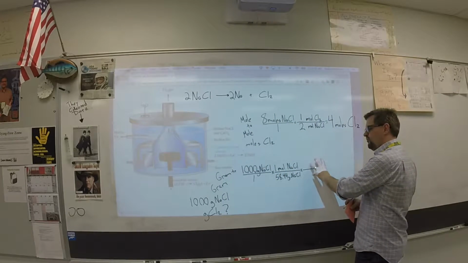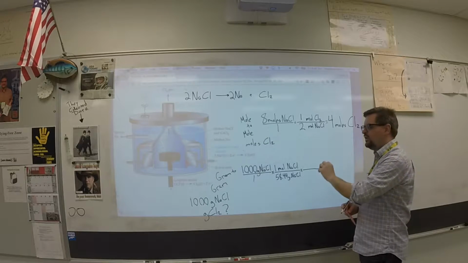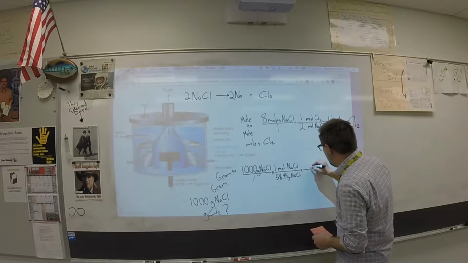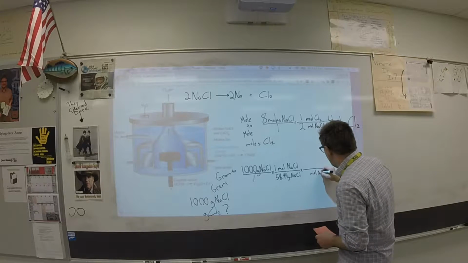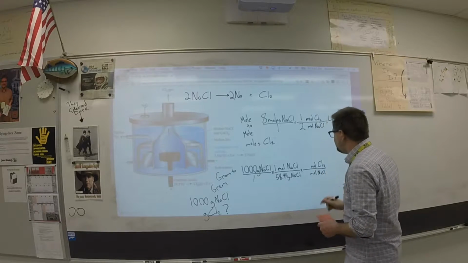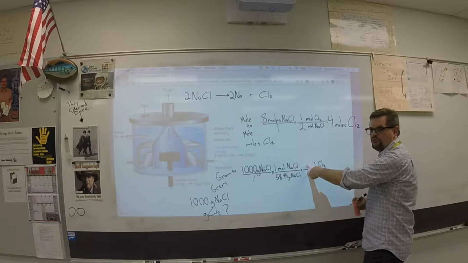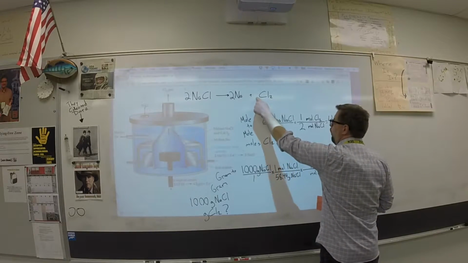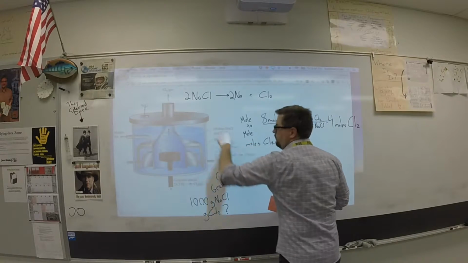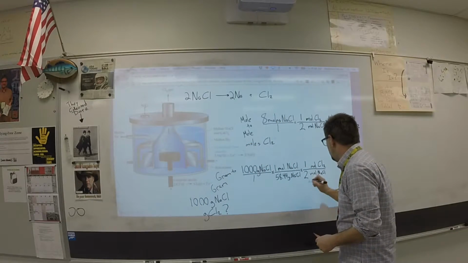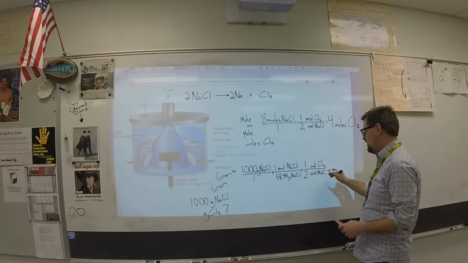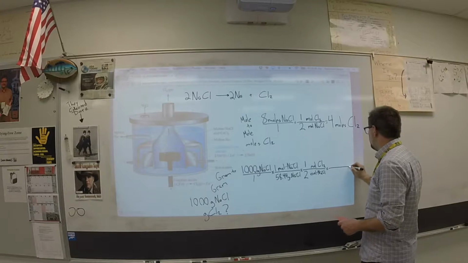This is our step where we use the coefficients from our balanced chemical equation. So we want to go from moles of NaCl to moles of chlorine: 1 mole of chlorine and 2 moles of NaCl, 1 over 2. So moles of sodium chloride cancel out, and now we're left with moles of chlorine.